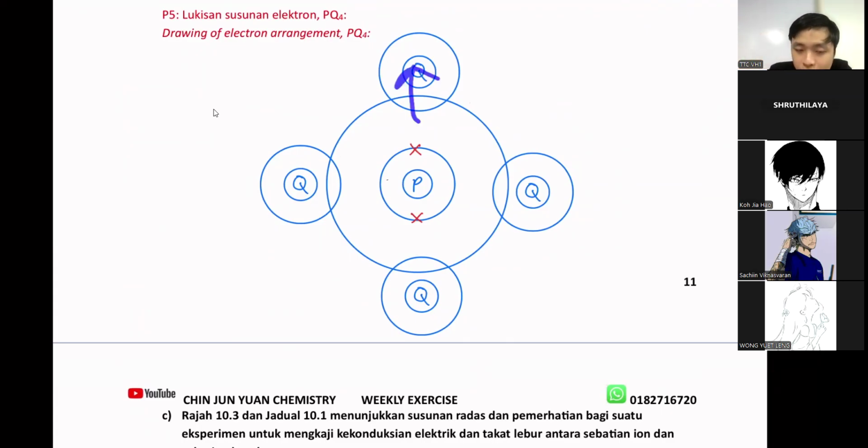Shared to Q, so I have 1, 2, 3, 4 already shared to Q. Then the Q also has to be drawn, but Q only has one electron, and I already shared it to P. So it means outside, no more. Outside is empty. Each one is the same.